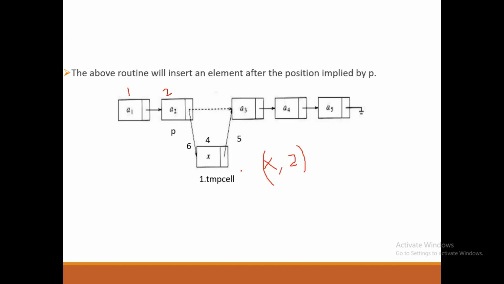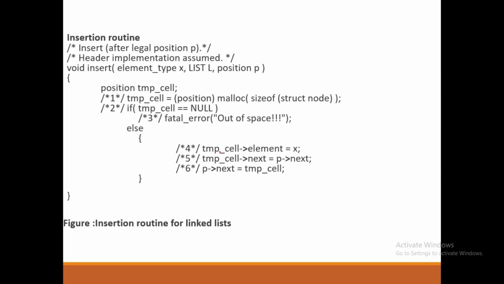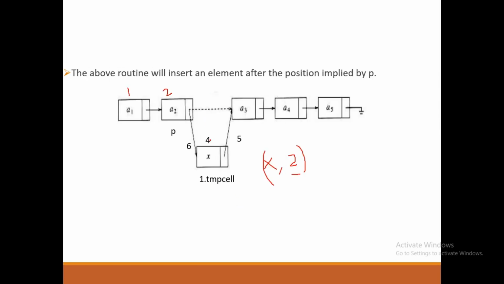So here, we have given the position as 2. So this is our p now. Okay, so how do you have to write the coding? Term cell's element part equal to x. Okay, so this is the fourth statement. So in the term cell's element part, we are inserting the element x.